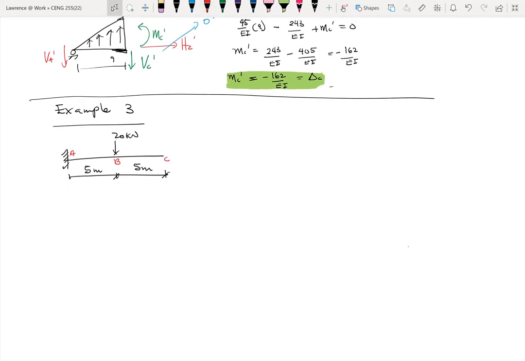And so here we have E. We're given E to be 200 GPa, and then I was given as 475 times 10 exponent 3 mm 4.